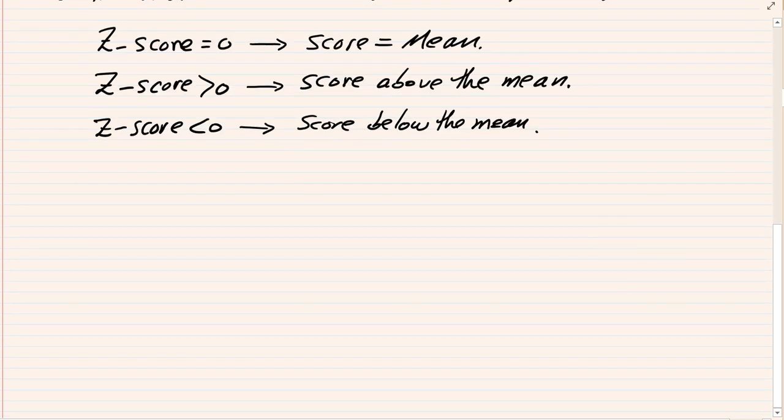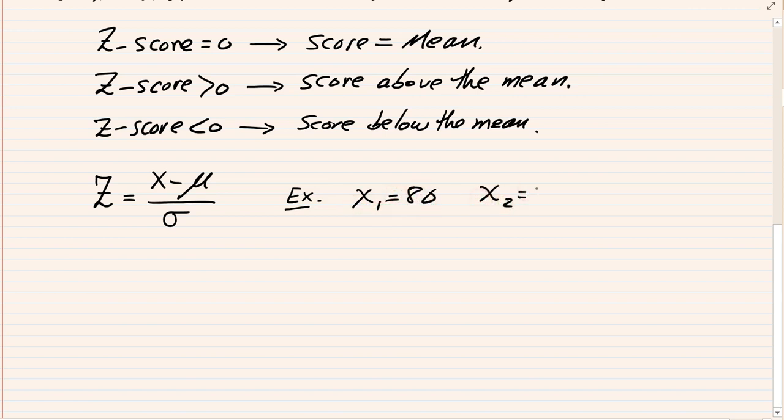Now the formula for z-score, by the way, z is using population parameters. It's going to be x minus mu divided by sigma, and that's what that is. So for example, I'm going to make up 3 scores. Let's say my score is 80, somebody else's score is 85, and another person's score is 95.